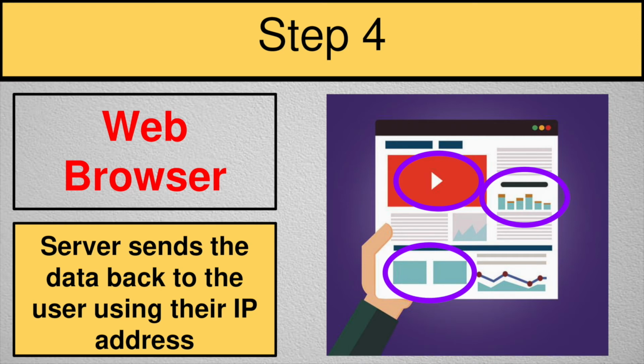You won't get the video in one bit, or the graph in one bit, or the picture in one bit. It actually gets separated into different packets. So the video gets sent in small parts, and it won't load up until it's received everything and put everything in the right order, organized for the web browser to be able to display on the screen.